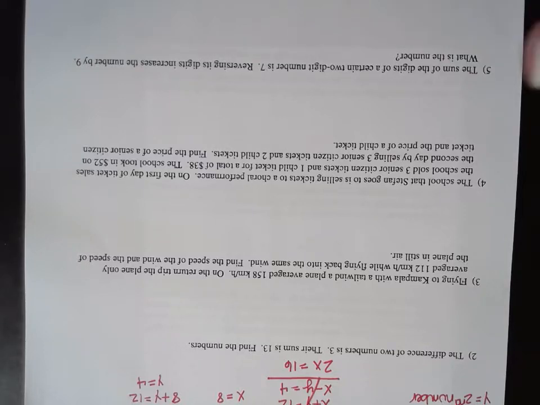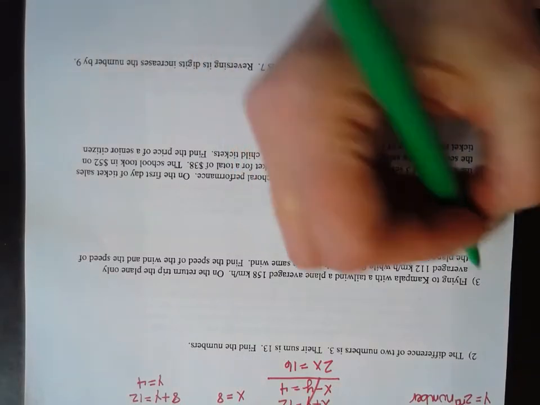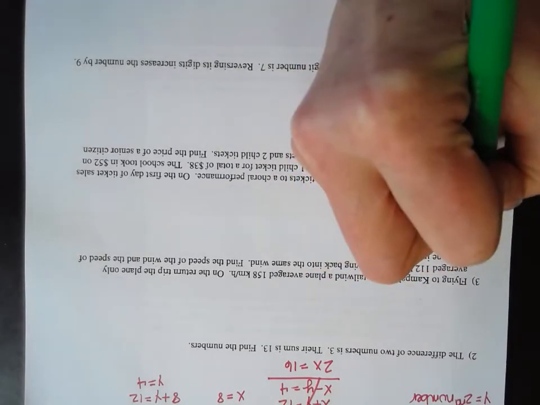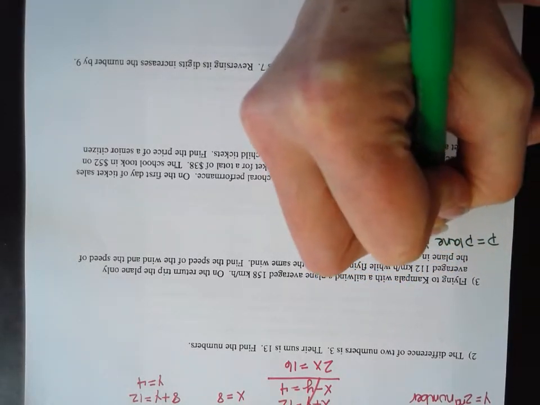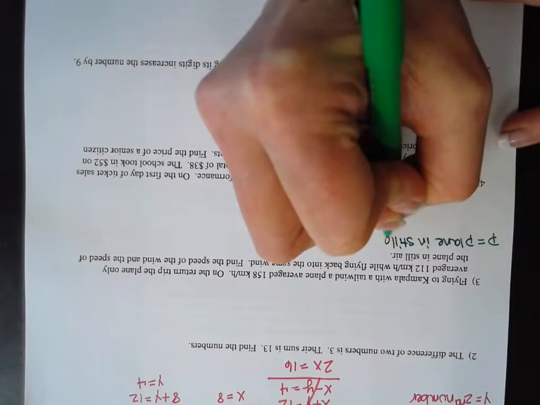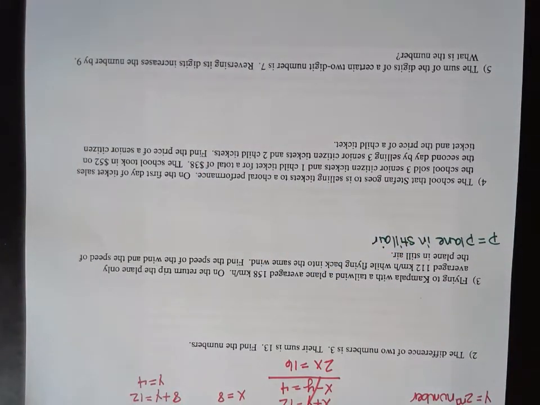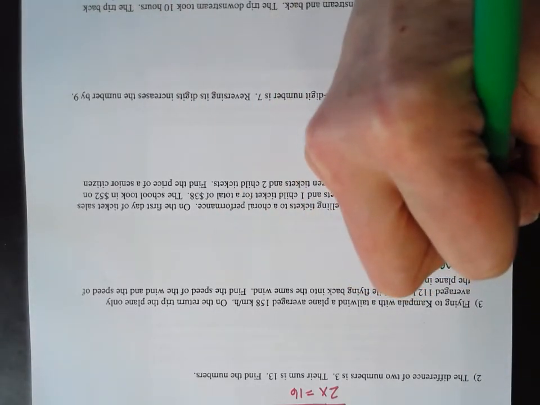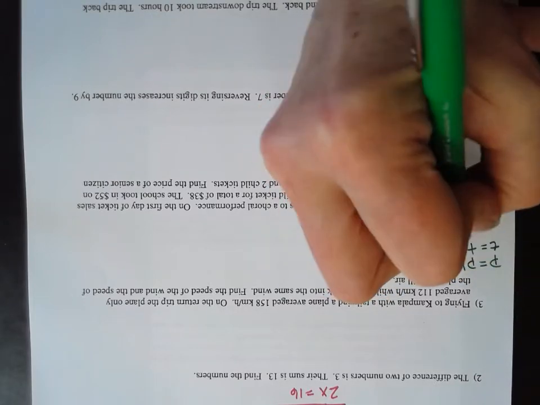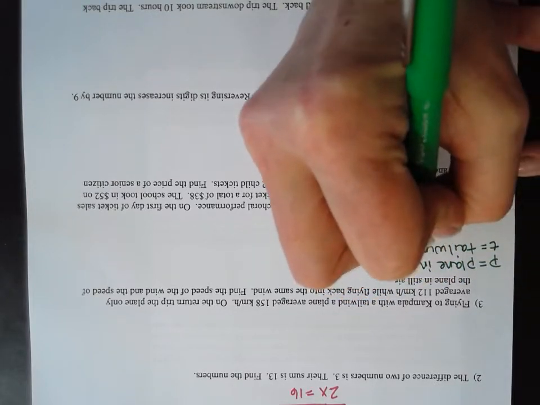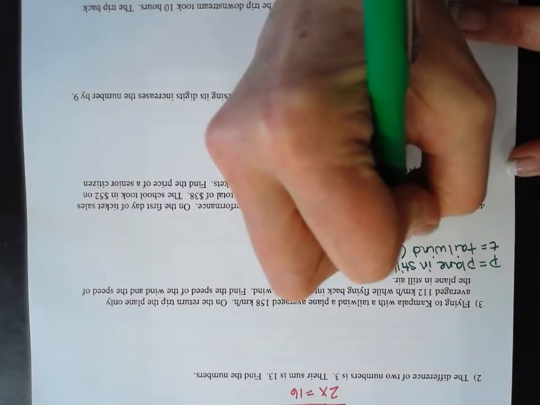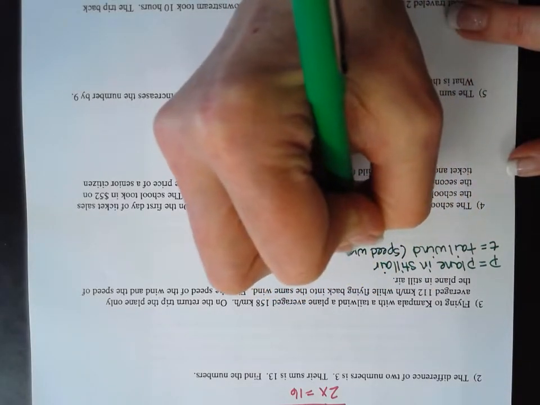If I set my variables, I'm going to say P is my plane in still air, and T is my tailwind, which is basically the speed of the wind. I just like tailwind. It sounds better than speed of wind.